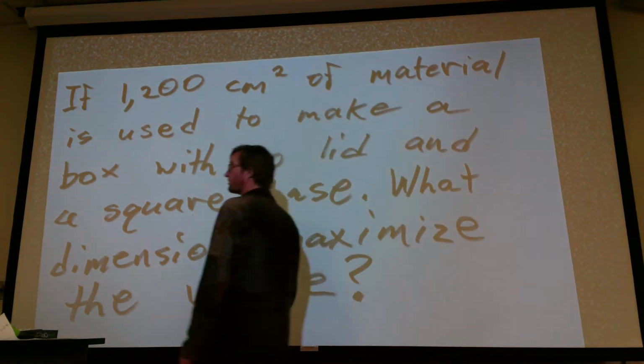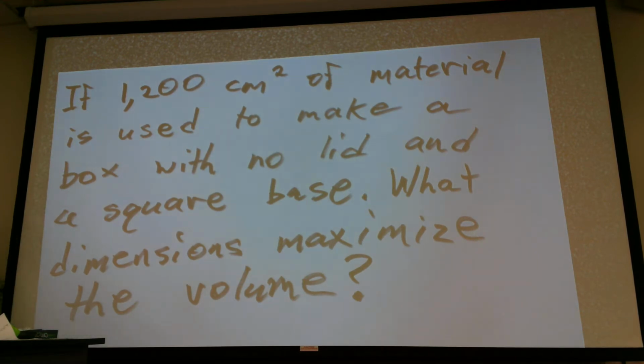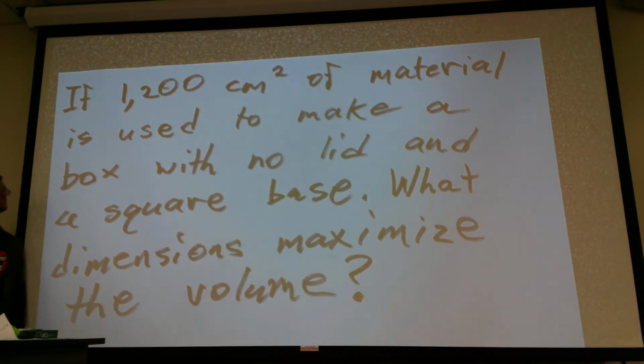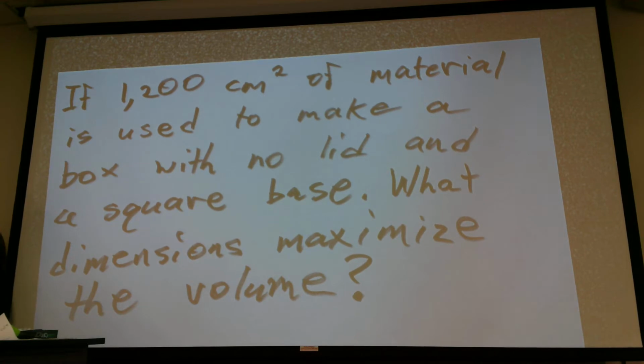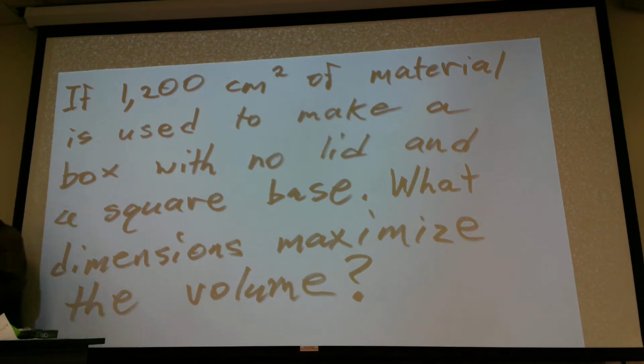Okay, so optimization again. If 1,200 square centimeters of material is used to make a box with no lid and a square base, what dimensions will maximize the volume? Okay, so let's see what we're looking at.